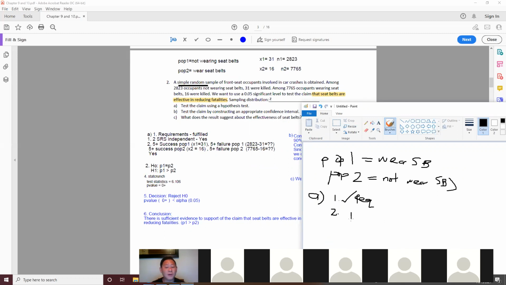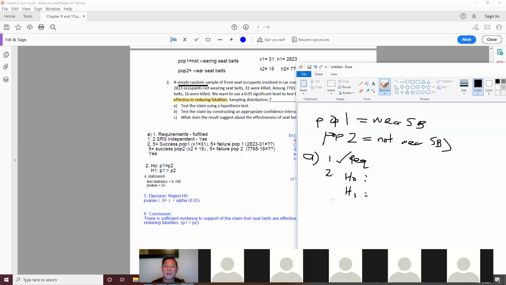For 2, I want you to know how to write your hypotheses here. Three is still Z because it's proportion, so this one is no change. And I want you guys to go to your StatCrunch and figure out what happens to your test statistic and your p-value. Just so you guys know what's going on.